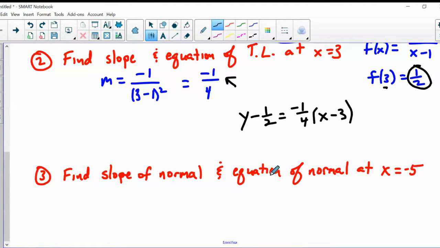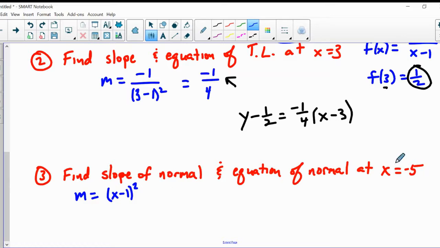For the normal line slope and equation, I could find an expression for the slope of the normal by doing the opposite reciprocal. So the slope of the normal is x minus 1, the quantity squared. But just the way that I tend to think about it most often, I find the slope of the tangent line, and then I take the opposite reciprocal after that.